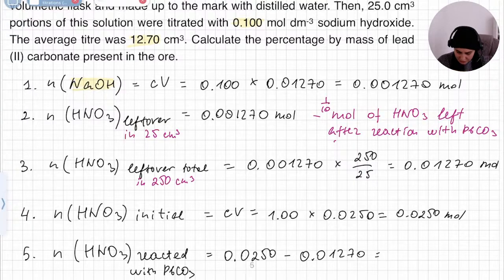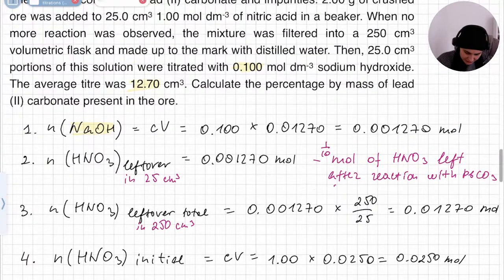The 0 is not necessary, actually. I don't know why I keep writing it. This 0 is not necessary because it's 3 significant figures times 4 significant figures, so it should be 3 significant figures, but I'm not correcting. 0.00123 moles. That is the amount of acid reacted with lead carbonate.